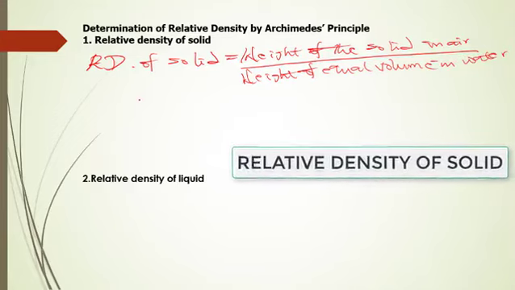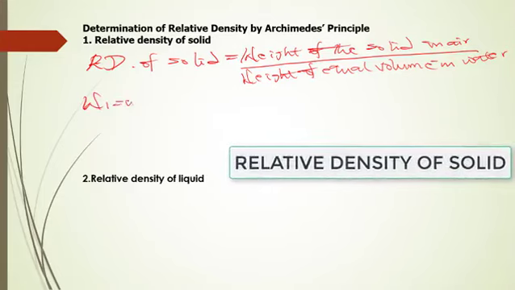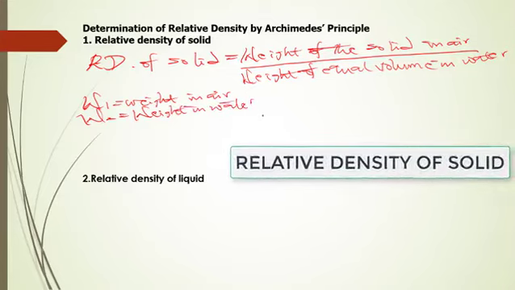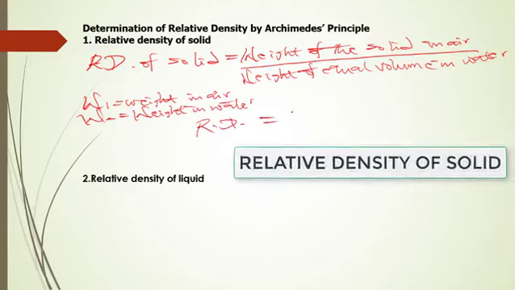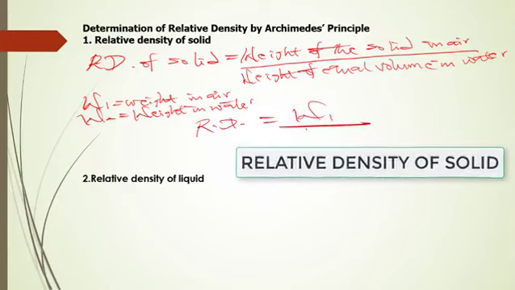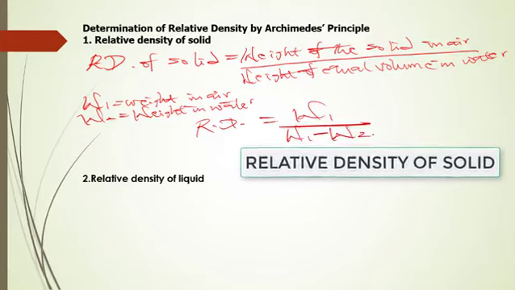So if we say that W1 is the weight of the body in air, and that W2 is the weight in water, then we can say that the relative density of the solid is going to be given by weight in air over weight of equal volume in water, which becomes W1 over W1 minus W2.